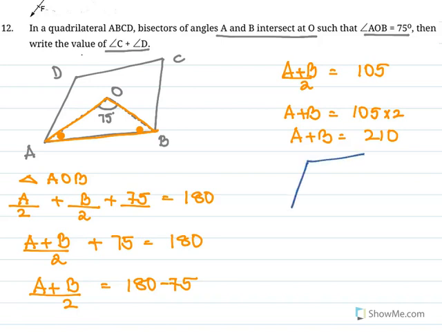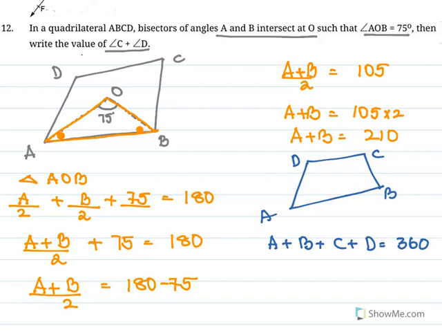Now again, if you go back to our quadrilateral, we know A plus B plus C plus D is 360. That is a property of the quadrilateral. But we already know that A plus B is 210. We have found that 210.